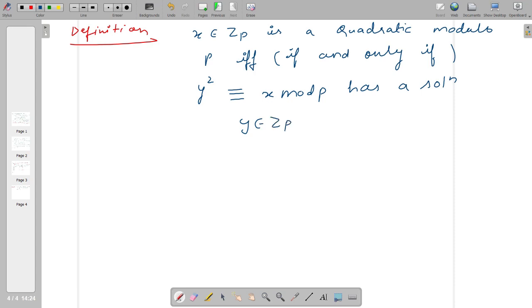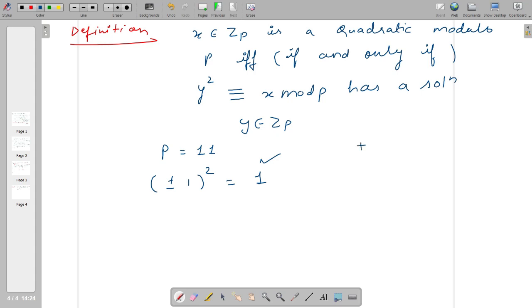So let's take an example. Let's say p is equal to 11. Now plus minus 1 whole square is equal to 1, so y square is congruent to x mod p, and this 1 is a quadratic residue.